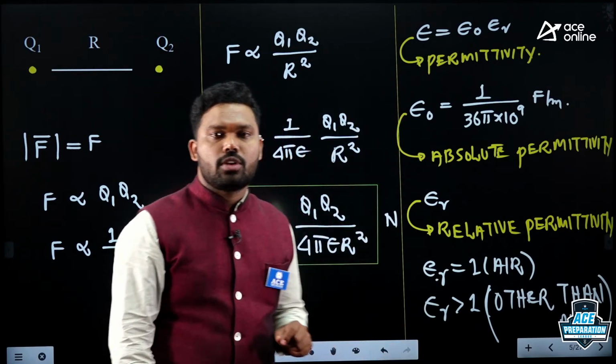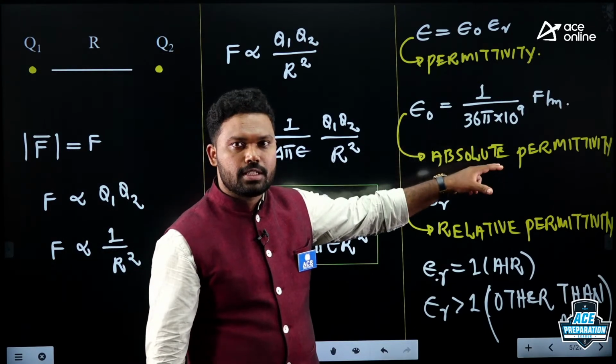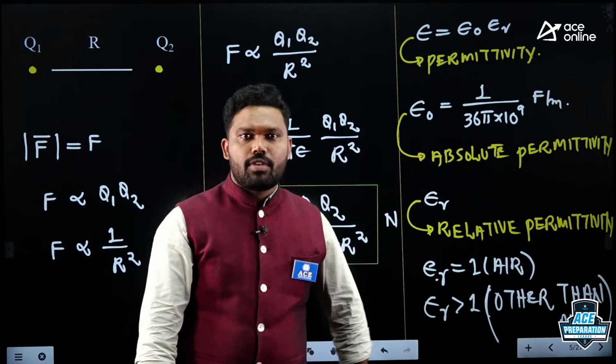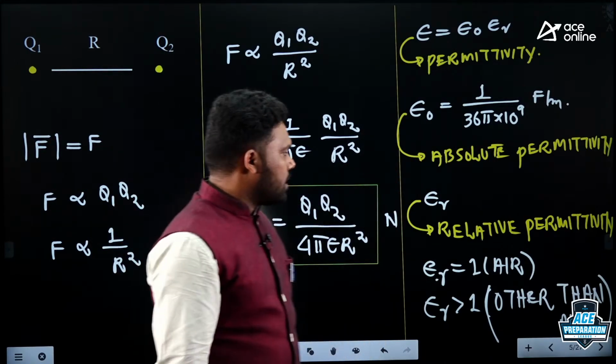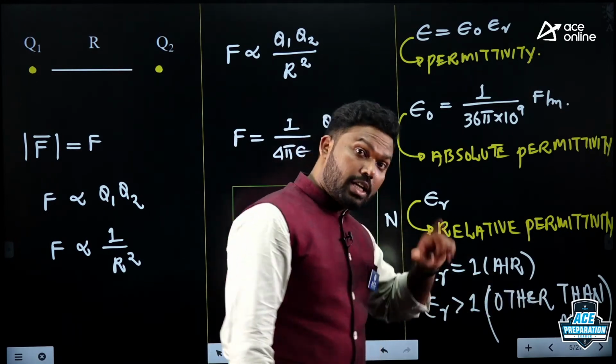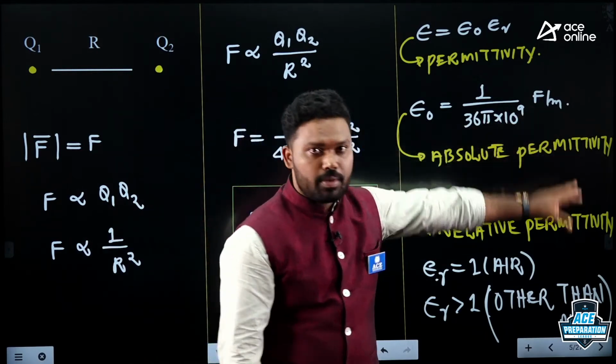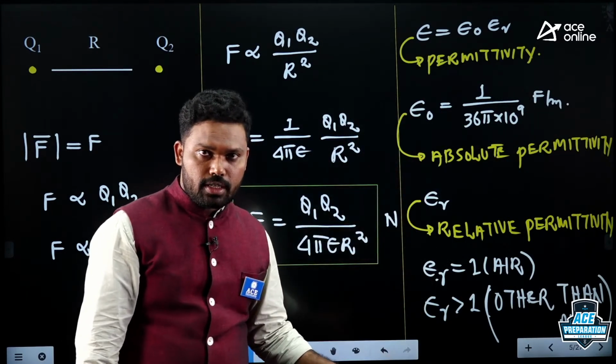Epsilon is equal to epsilon naught epsilon r. Okay, fine. You must remember this value, 1 by 36 pi into 10 to the power of 9 farad per meter. Okay, friends. And epsilon r value is equal to 1 for the air, and epsilon r is greater than 1 for other than air. Fine. And what are the units here? Farad per meter. All these things are very important.